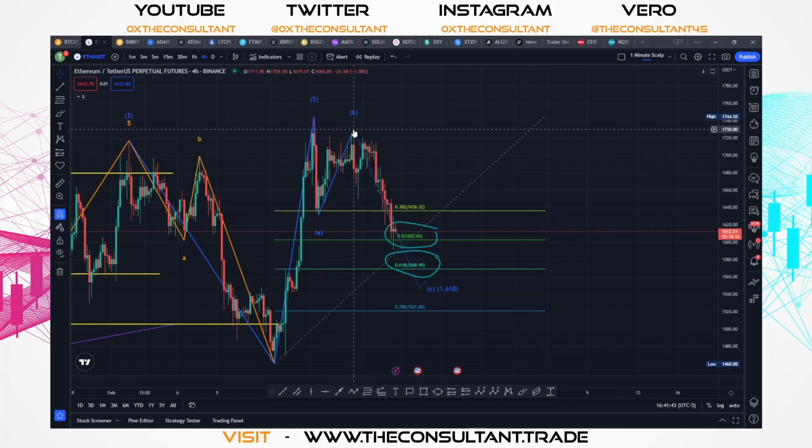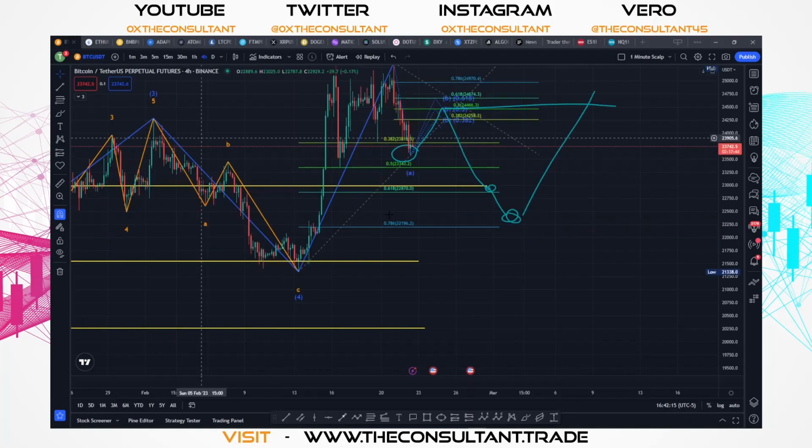You have leg A, leg B, and leg C is the longer leg of the two corrective wave legs. So Ethereum here is the 1600, and probably about 1550 is a good assumption here for support, which, if that's the case, you can definitely expect some further downside here.